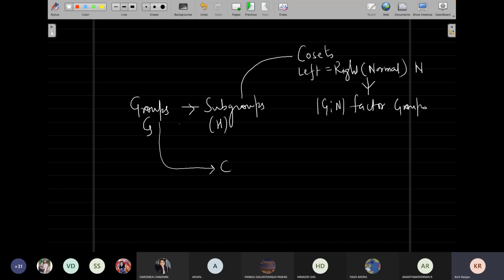I can take what is called the route of the classes. Here I did not form any subgroup to begin with. I just take each element and keep finding G inverse G1 G for each element.